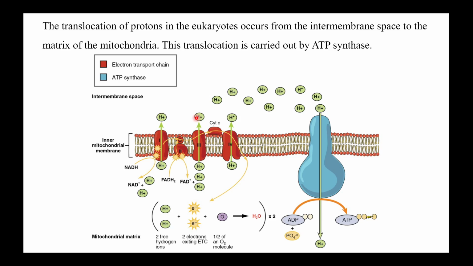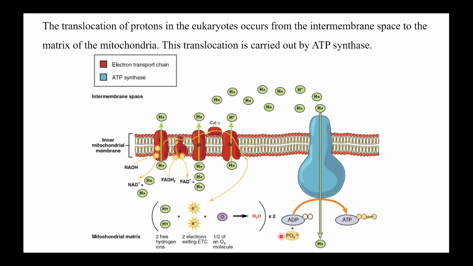Why does it need these protons? Why does it need a fuel to function? The conversion of ADP into ATP is an energy consuming process. The phosphate has to be attached to this ADP molecule.